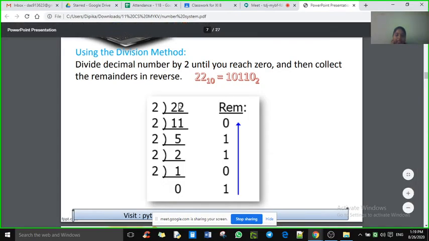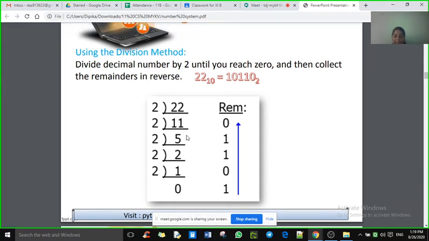Okay? Again pay attention. See, ma'am, this is 22 and you are dividing by 2. So what will be the result here? Tell me, Jasmine. If the number is 22 and you are dividing it by 2, what will be the result?